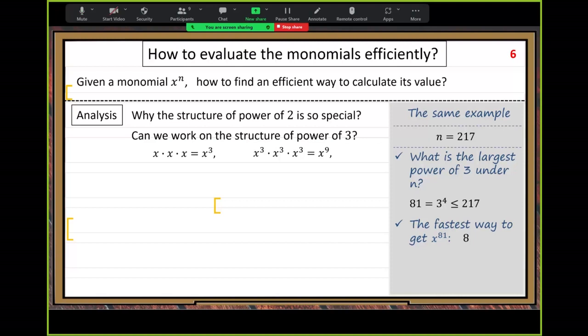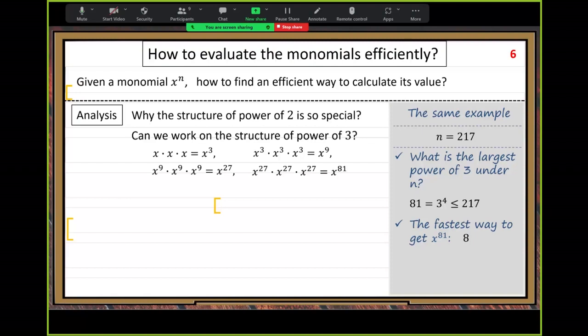Third round, x to the 9th times itself twice gets x to the 27th, 2 more. The last round, x to the 27th times itself twice gets x to the 81st, 2 more multiplications.